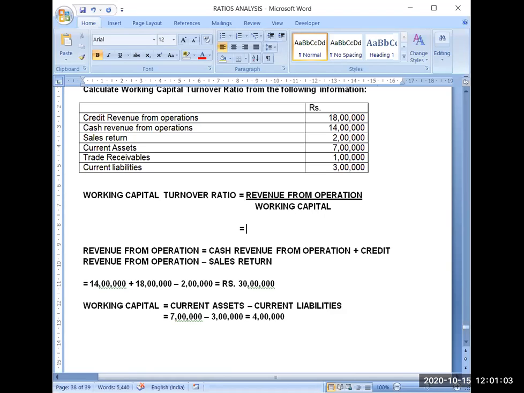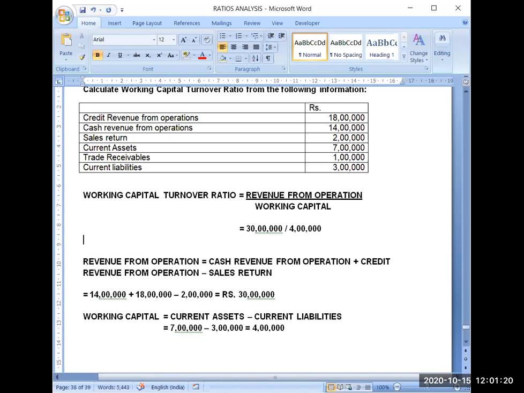Is equal to 30 lakh divided by 4 lakh. If you are feeling that this calculation is big enough and you will not be able to solve it without a calculator, then you can cut it short. Just start by eliminating the common parts.